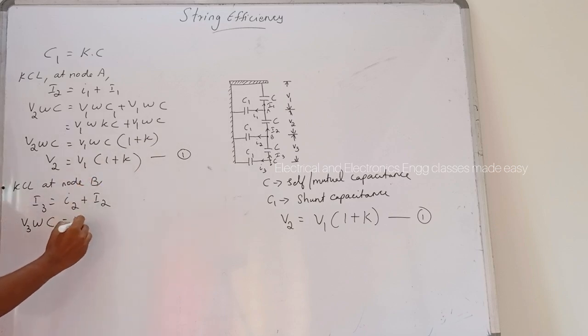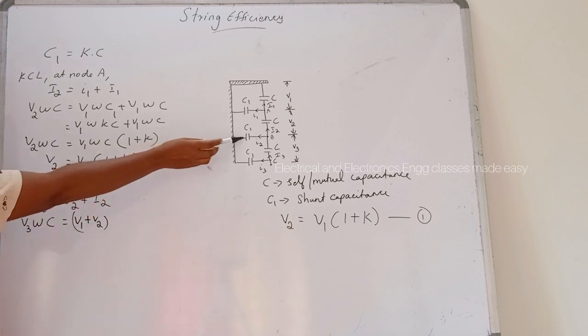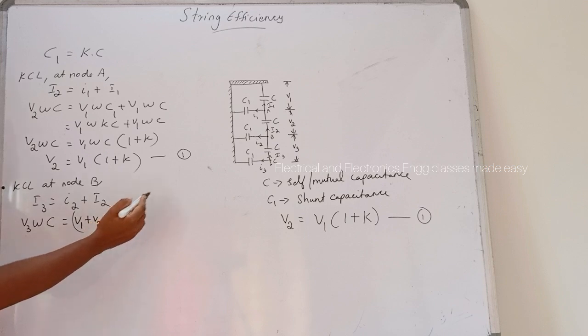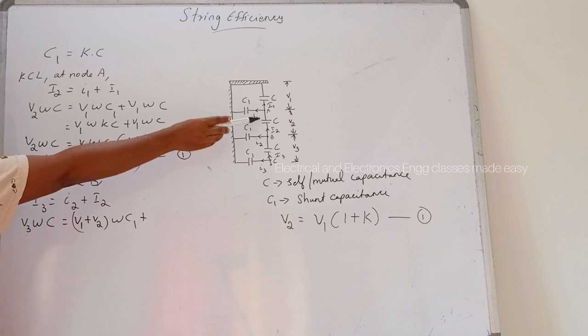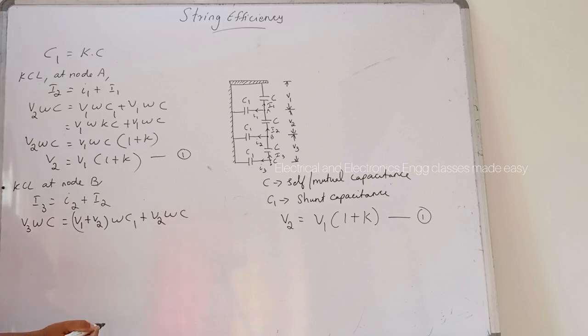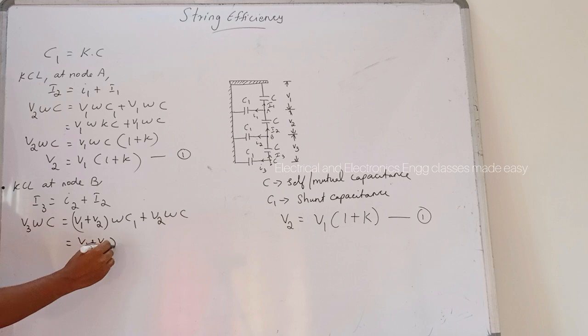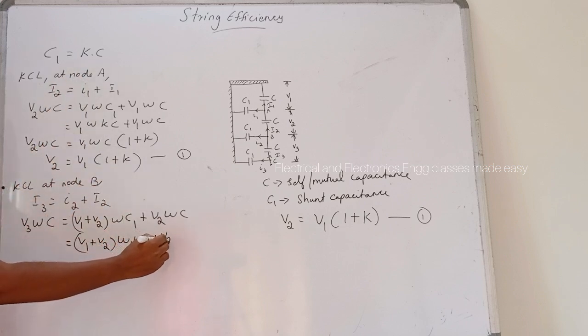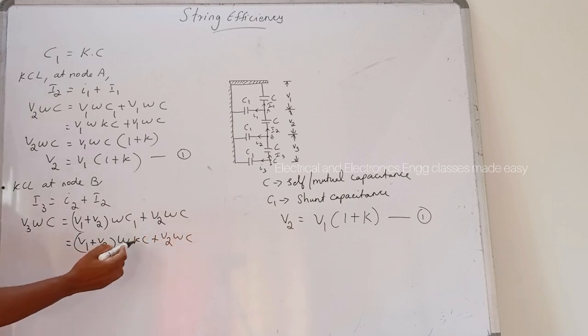So I2 is equal to V1 plus V2 into omega into C1, since the voltage across this capacitance C1 is the sum of V1 and V2, plus I2 is the voltage across, that is V2, V2 into omega into C. Now put the value of C1 here, that is V1 plus V2 into omega into C1, which is K into C, plus V2 omega C. Now here omega C is common, so it is cancelled.